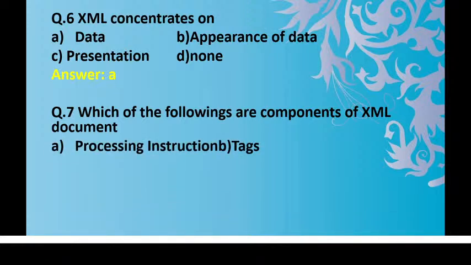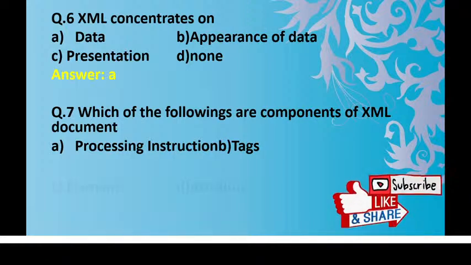Next question, which of the following are components of an XML document? A, processing instruction. B, tag. C, elements. D, attributes. Yes, Pooja, Shweta, Pranjal, Akshada are giving the answers. Very good.